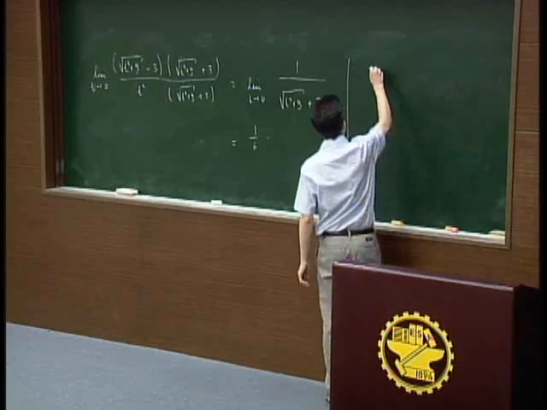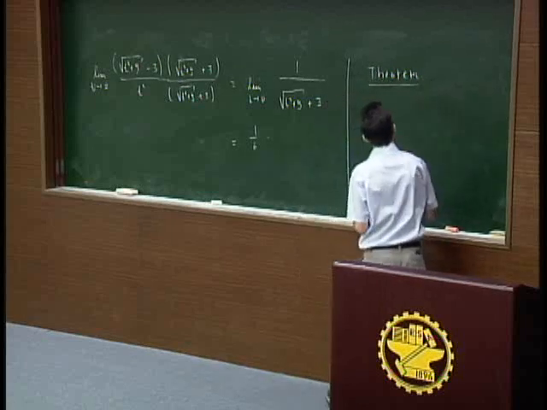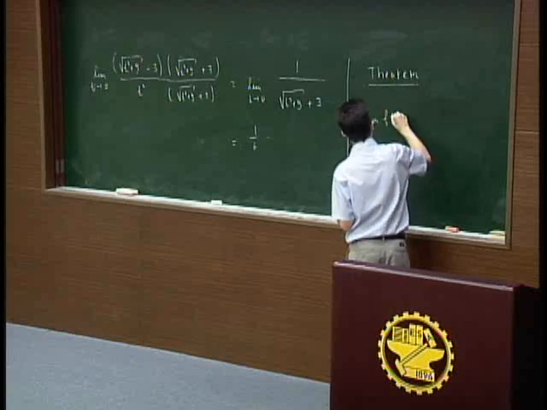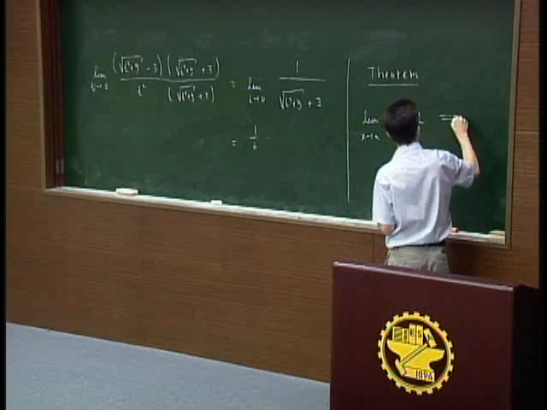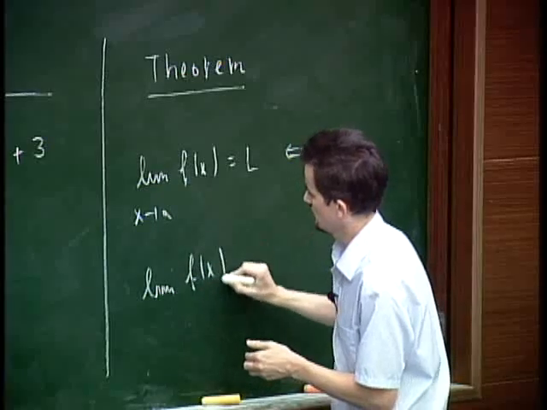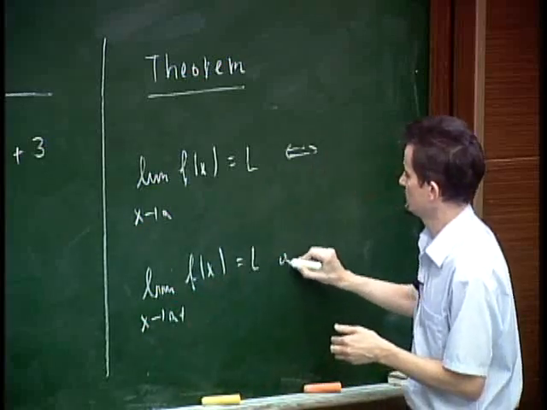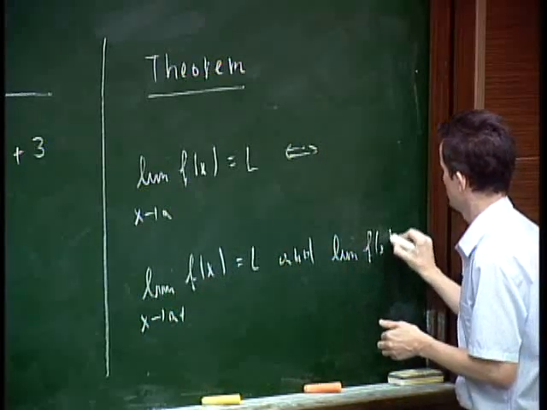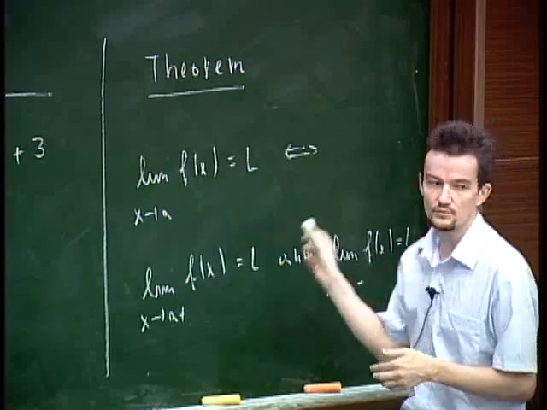And I showed you already that there is a theorem which tells you that the limit of a function exists if and only if the right-hand limit exists and the left-hand limit exists, and they are both equal.